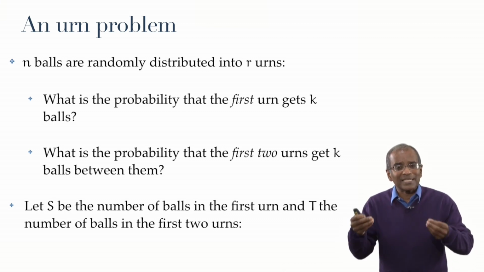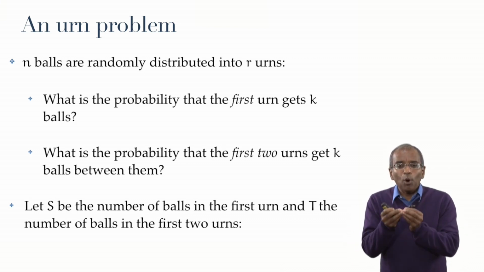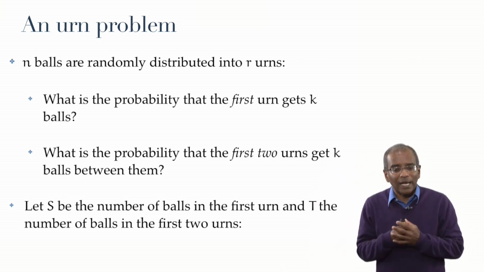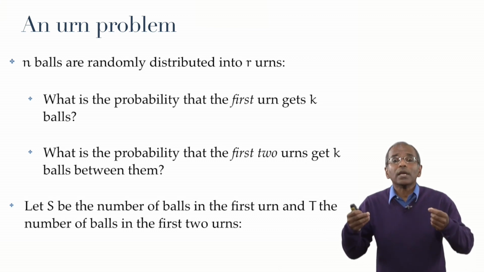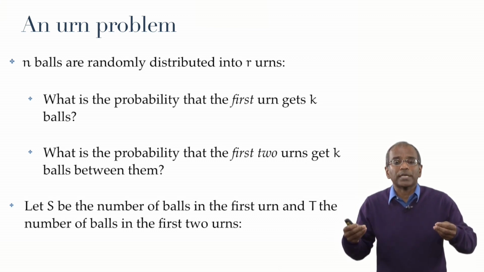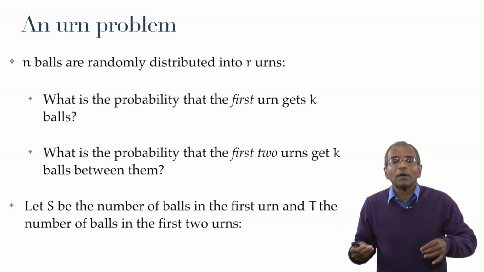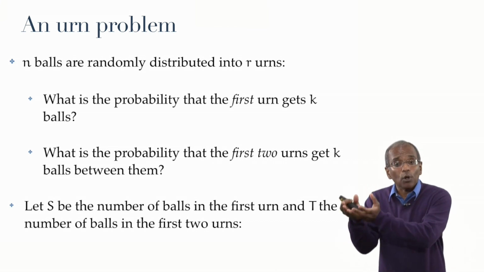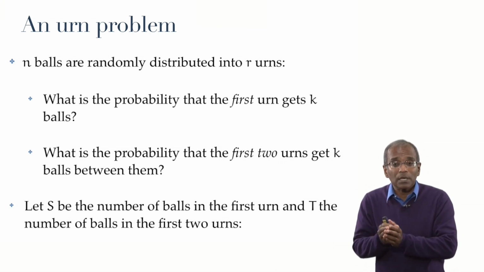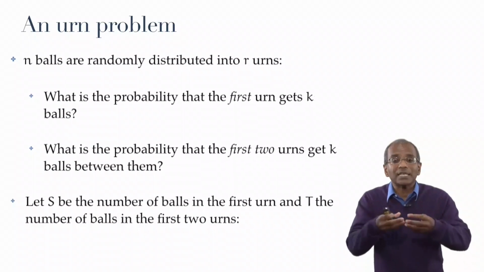If we define success as a ball being placed into the first urn, then what we're really doing is tossing a coin whose success probability is 1 over r, and we toss this n times, one for each of the balls. And therefore, the number of balls that end up in the first urn is governed by the accumulated number of successes in these n tosses.